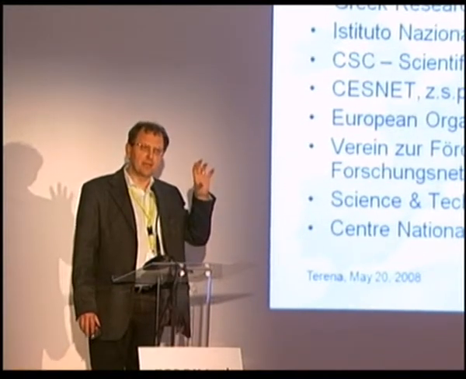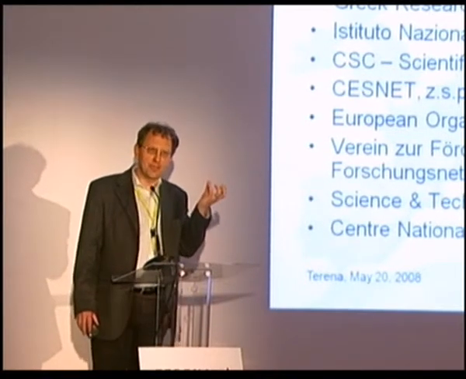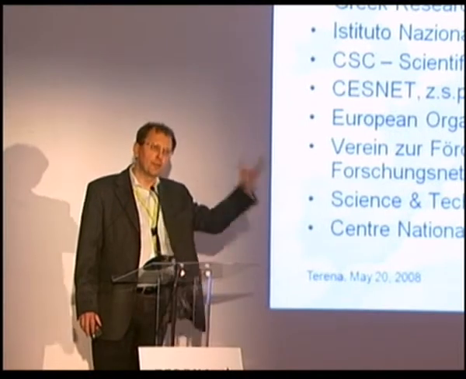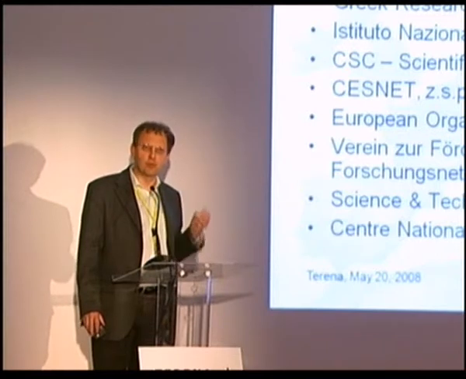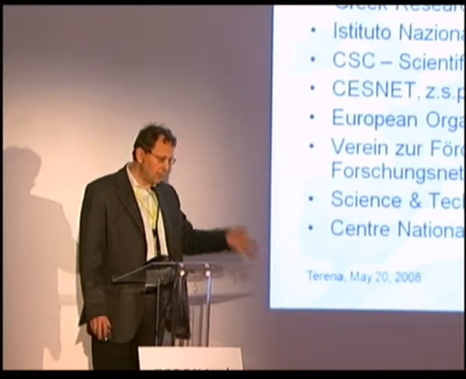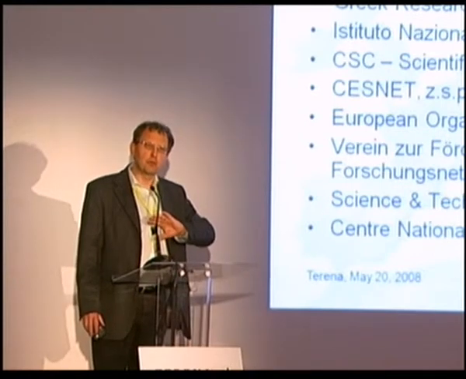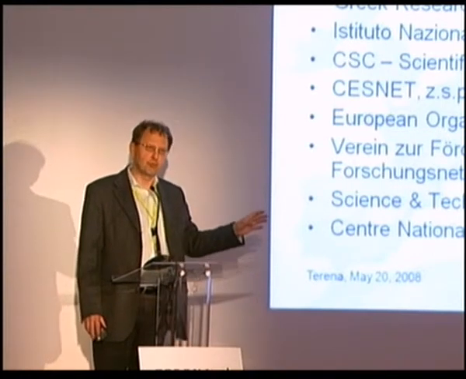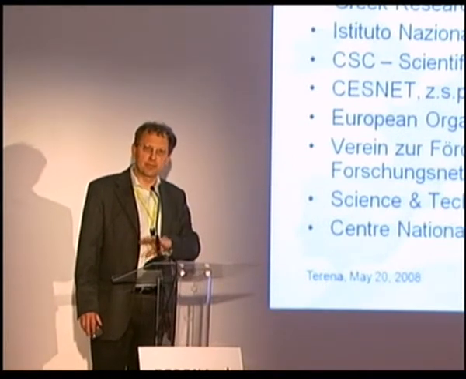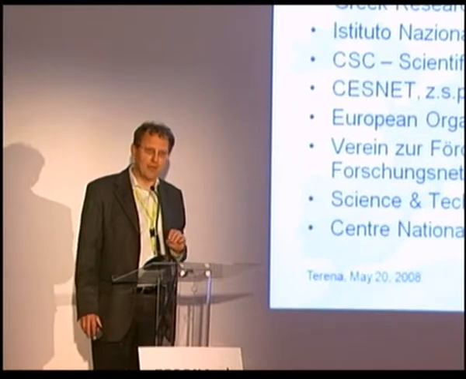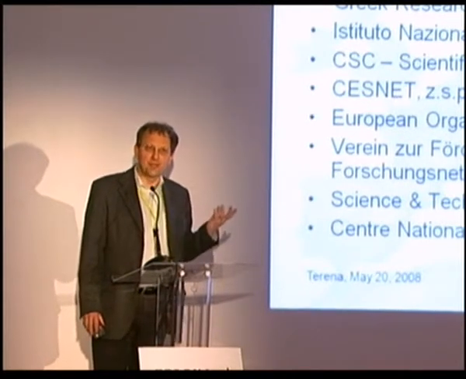Here we see the members. The EGI design study team is rather small, because this is just a core team which works with the help and support of representatives of all the NGIs, of all the national grid initiatives. We see that the team somehow covers the Europe and also covers large countries, Germany, UK, Italy, France, and smaller countries, Greece, Czech Republic, Austria, and also has a DFN, so there's a networking part.